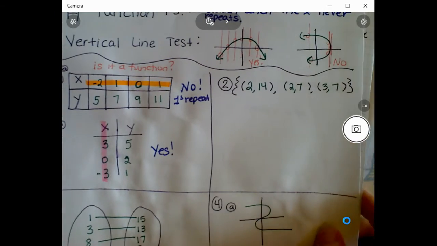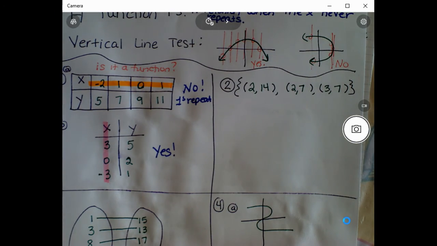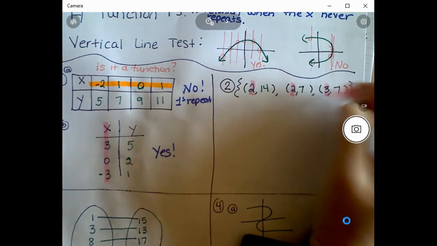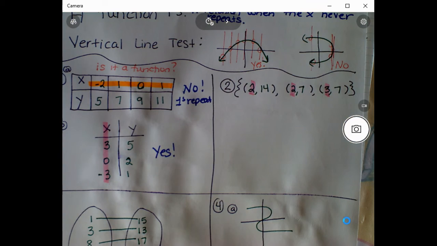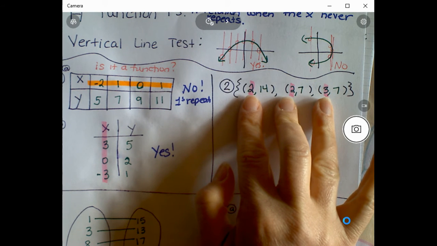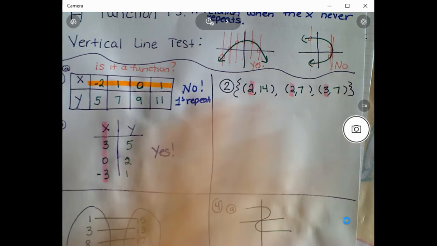All right, let's look at number 2. This one's written a little bit differently, but we do the same thing. The only numbers we worry about are the x values. So let's look at the domain. Are there any of those numbers that repeat? Yes, we have 2s that are repeating.